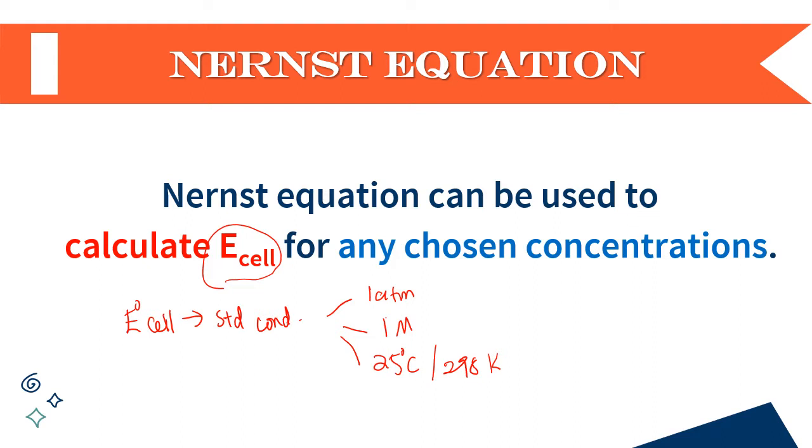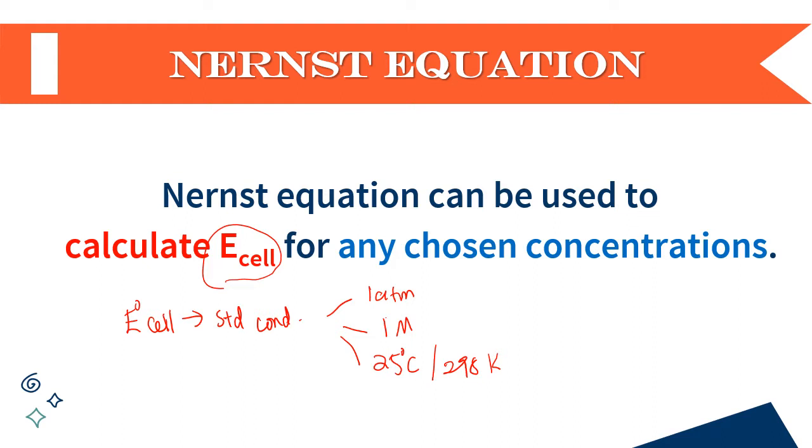For this one, I wrote it down as any chosen concentration because usually our E cell, we calculate it at still 1 atm pressure and 25 degrees Celsius. It's just that we change the concentration. But can I change the pressure and temperature? Yes, you can.